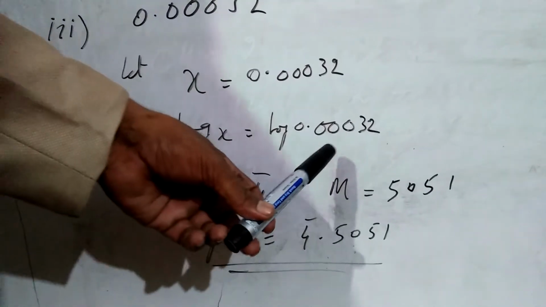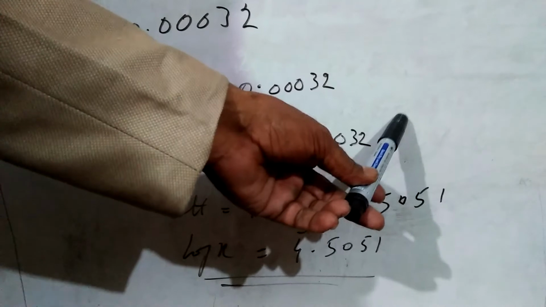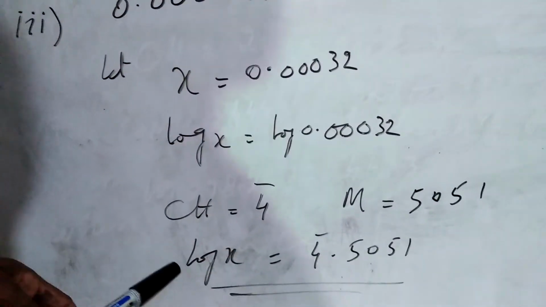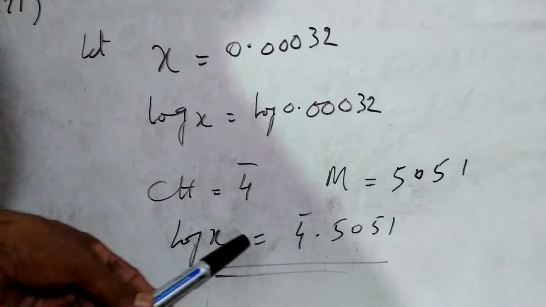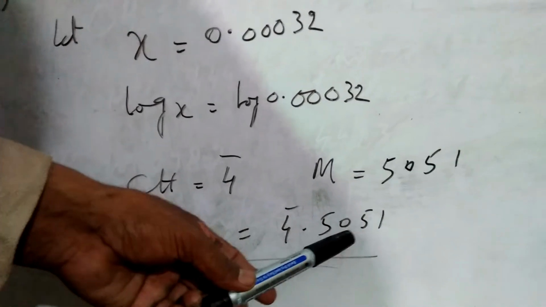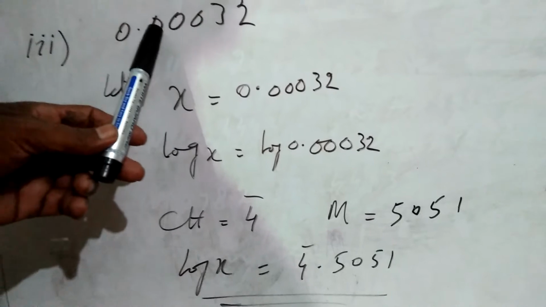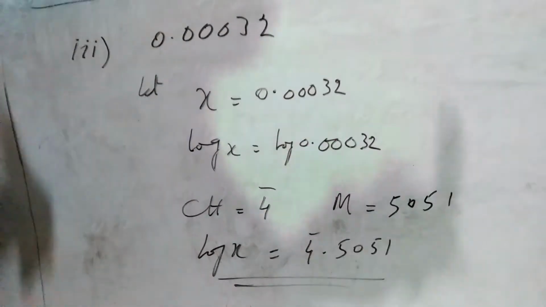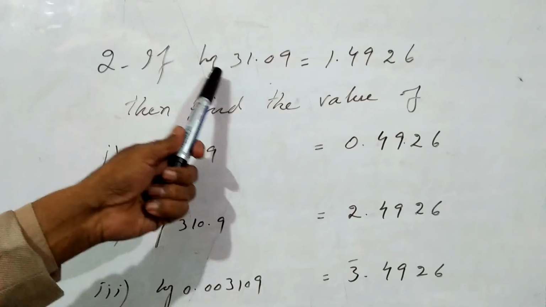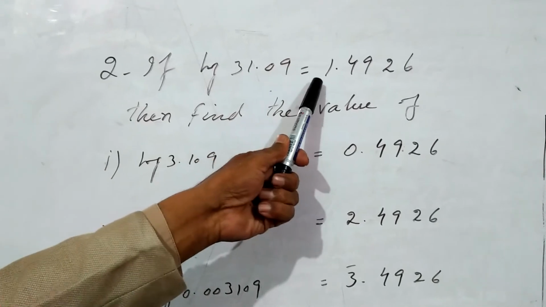When we see in the logarithm table 32 parallel and below 0, the value is 5051. So log x will be equal to minus 4.5051, which is the logarithm of 0.00032.